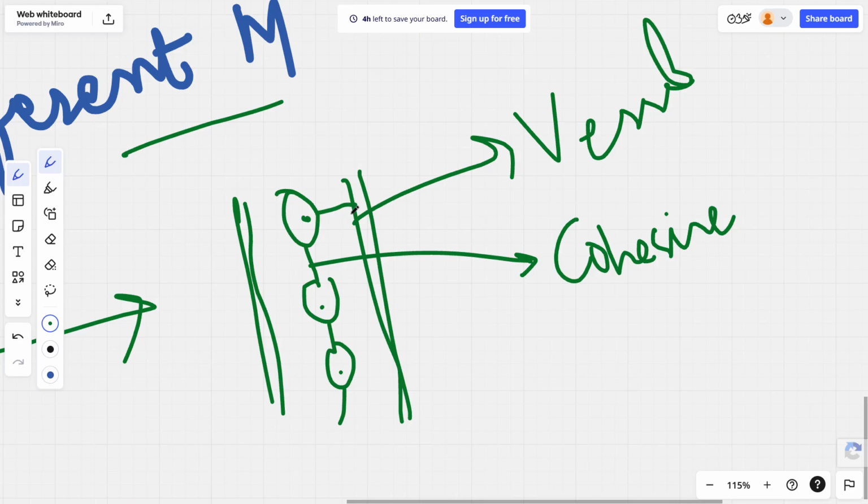This molecule also has a force with this vessel. The molecule has a bond with this vessel. So this force is called adhesive. Okay, this is the adhesive force.